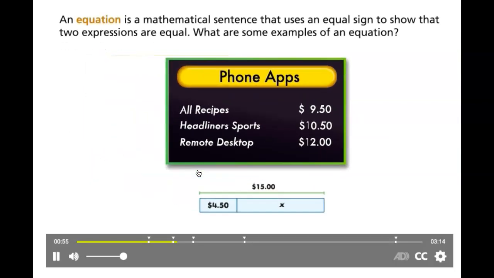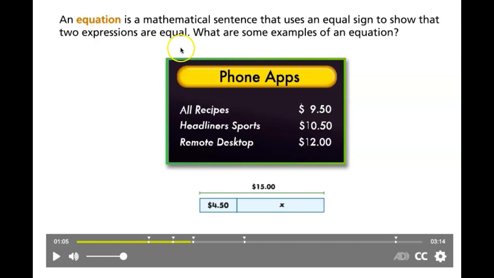Good. An equation is a mathematical sentence that uses an equal sign to show that two expressions are equal. What are some examples of an equation? So again, remember we did expression before. An expression doesn't have both sides of the equation.